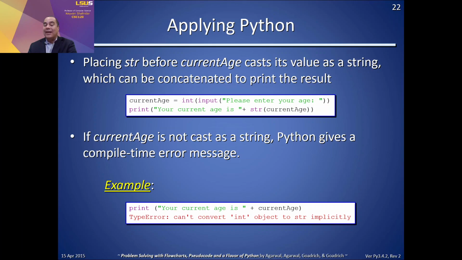Placing str before current age casts its value as a string, which can be concatenated to print the results. If current age is not cast as a string, Python gives an error message. It's going to be something similar to this: can't convert int object to string implicitly. What that means is this here is an int object, an integer, and it's saying it cannot convert this integer into a string. So that's why you have to cast it.